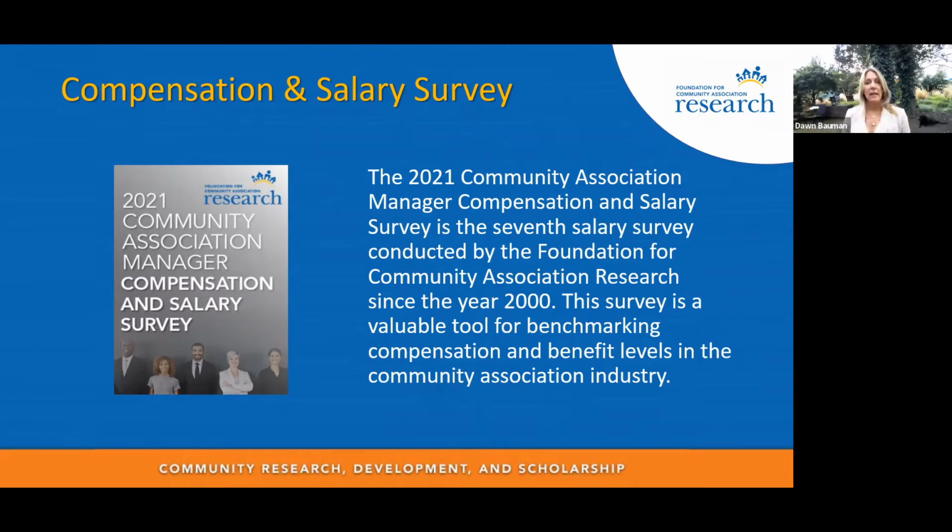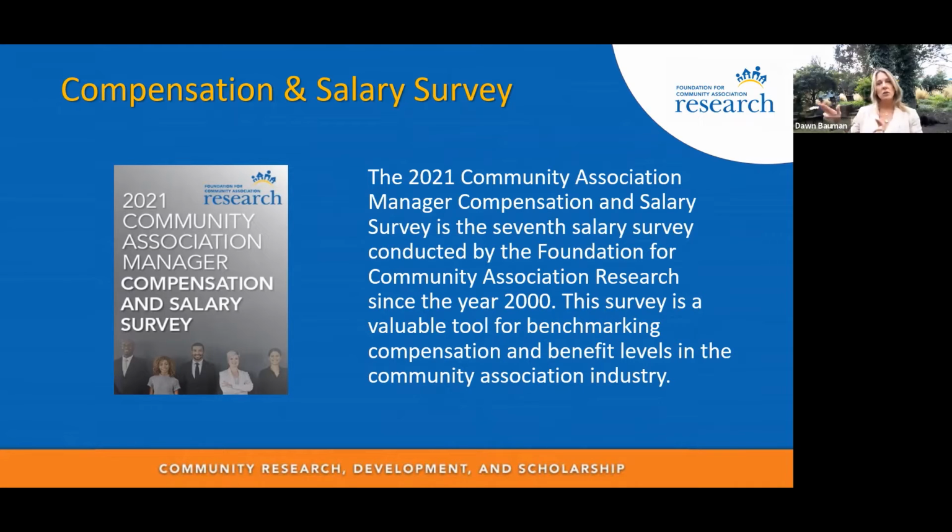We also will later in the year have a publication that we will be selling that has some aggregate information on compensation and salary.